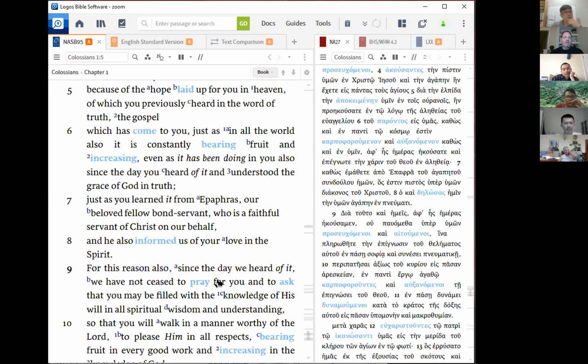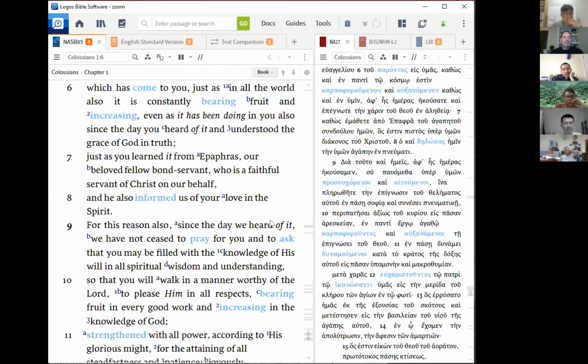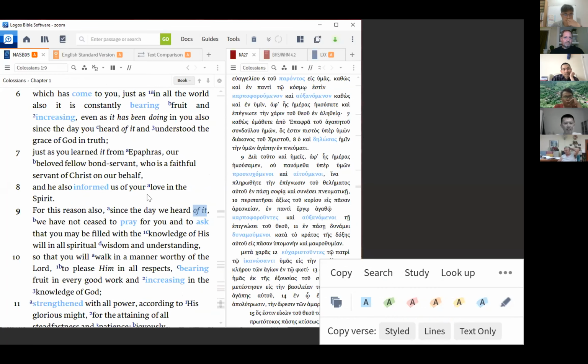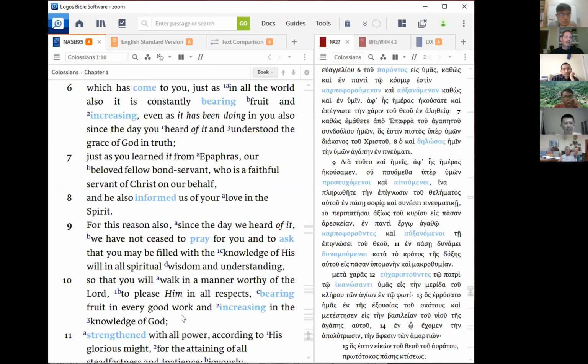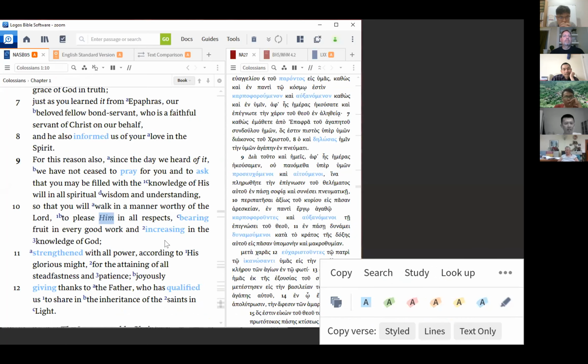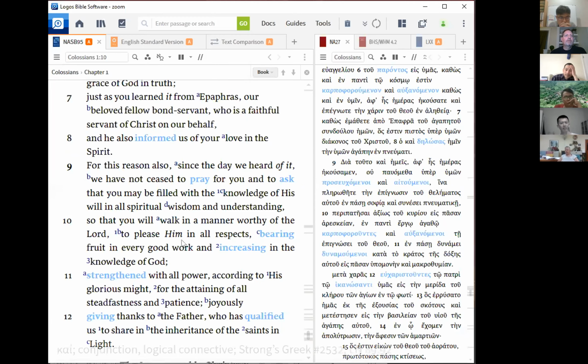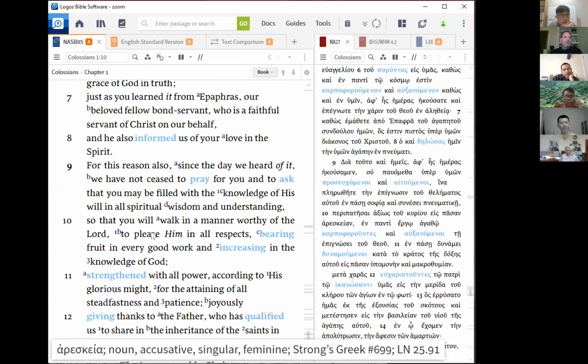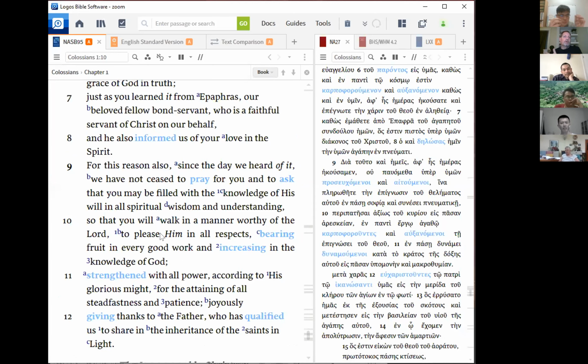We'll see this again in verse 9. Since the day we heard, and then notice "of it." And notice verse 10. So that you will walk in a manner worthy of the Lord to please, and then notice "him" was added here. All right, Paul didn't put "him" in the original, but that's the idea though, right? To please who? The Lord.